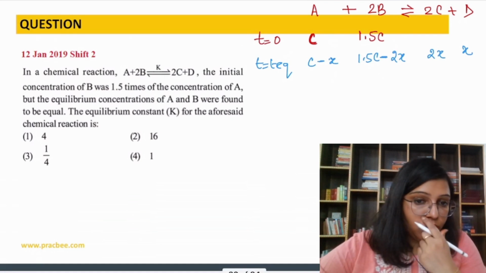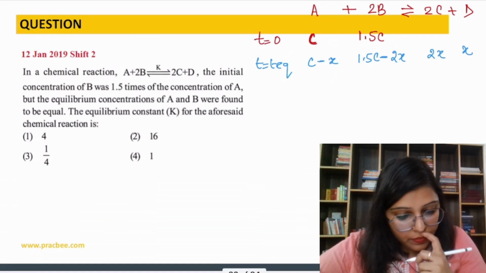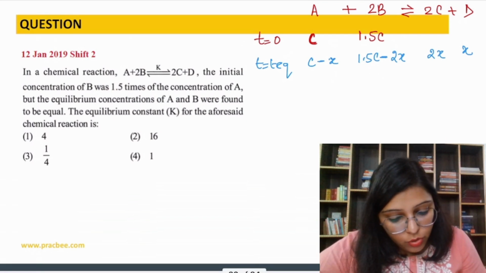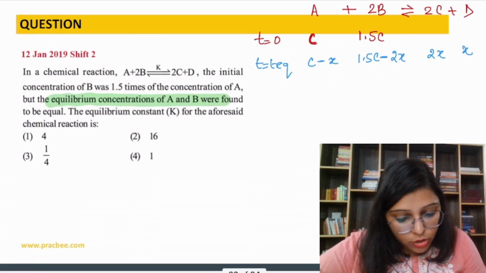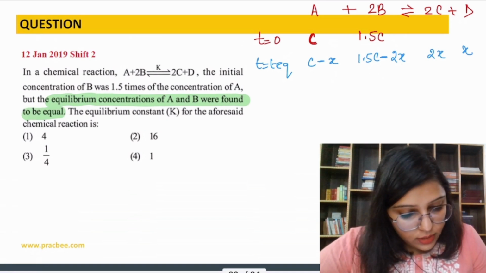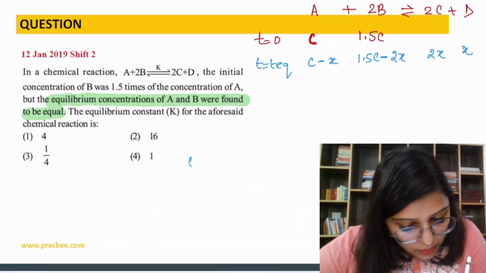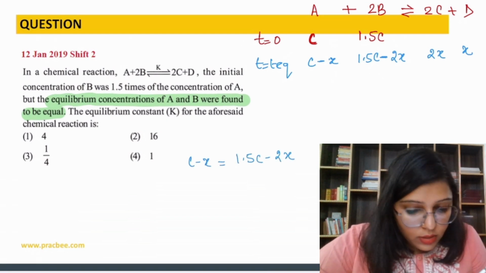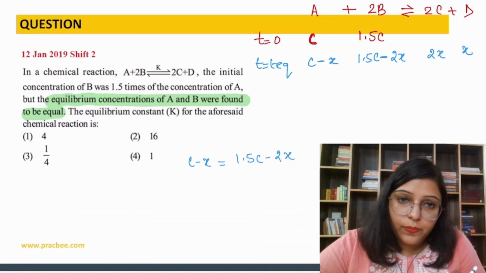Do not write in terms of alpha. Here we have one more piece of information: the equilibrium concentrations of A and B are found to be equal. So we can write C minus X is equal to 1.5 C minus 2X.